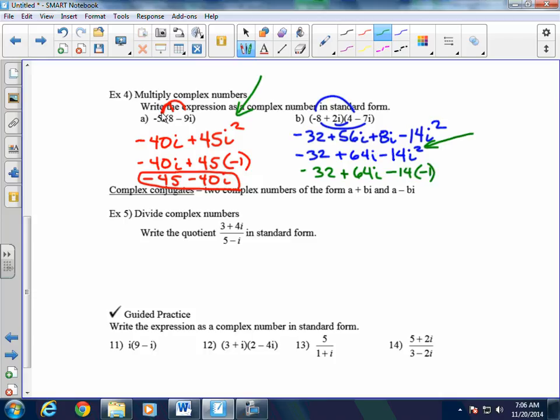And now notice these two terms are like terms. So we're going to have negative 32 plus 14. We're going to add those two together and then put our plus 64i at the end. So negative 32 plus 14 is negative 18.